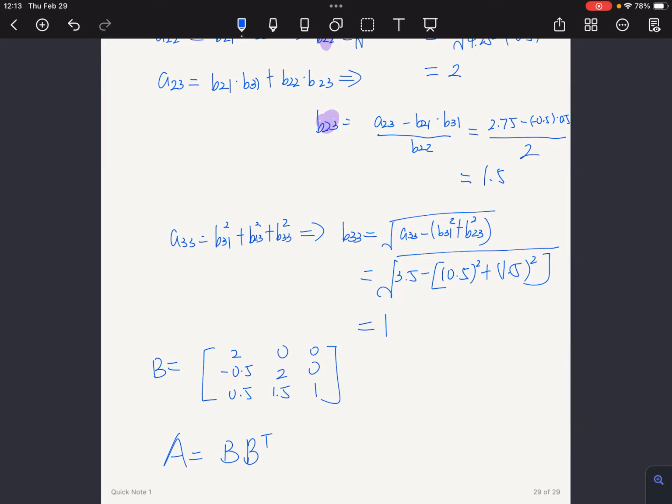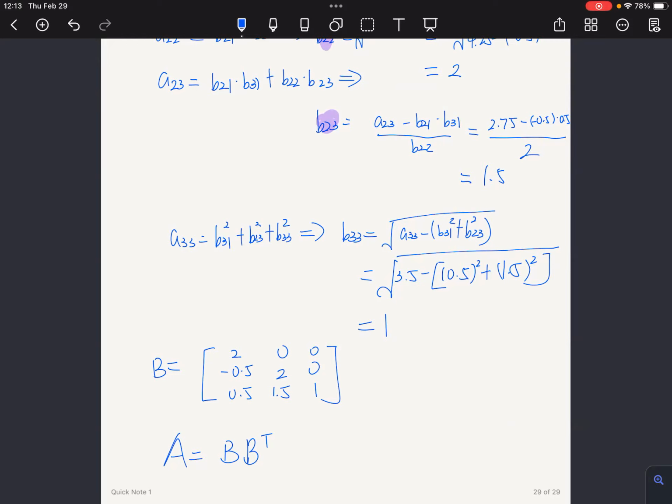And I have already shown you, I will post the general algorithm for the Cholesky factorization on the canvas, but this one is for the handwritten calculations. You get it? Okay. Thank you.